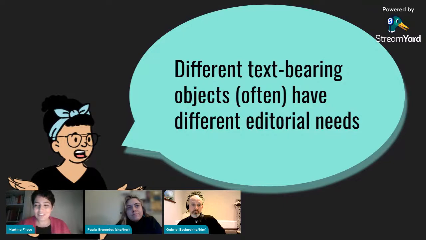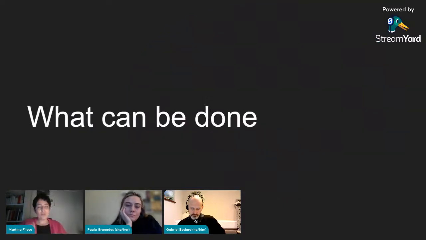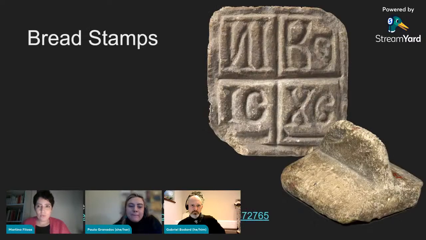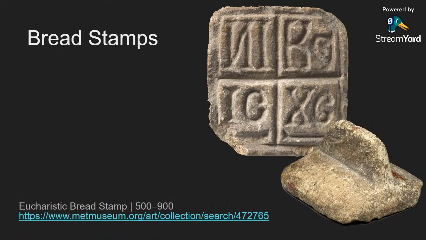So I just want to give a couple of inputs. So what can be done? Having seen what has been done, having seen what we are doing right now with text-bearing objects which are not inscriptions and papyri, what can be done? And now all the objects that I showed you before on that very, very crowded slide come into play.